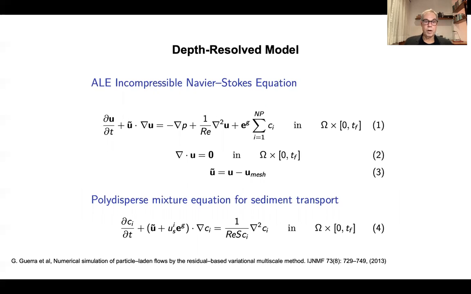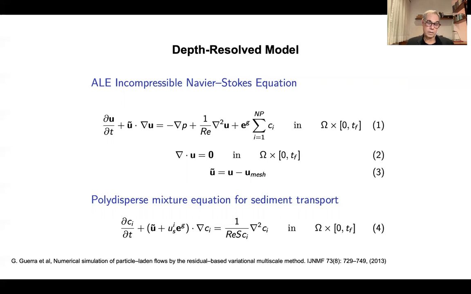The depth-resolved model is basically given by the arbitrary Lagrangian Eulerian formulation of the compressible Navier-Stokes equation. U again is the velocity, now in 3D. P is the pressure, Re stands for the Reynolds number, and e_g is a unit vector pointing in the direction of gravity. C are the different concentrations for the different granulometries.